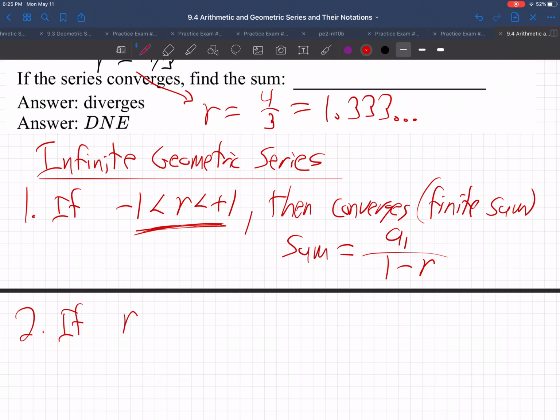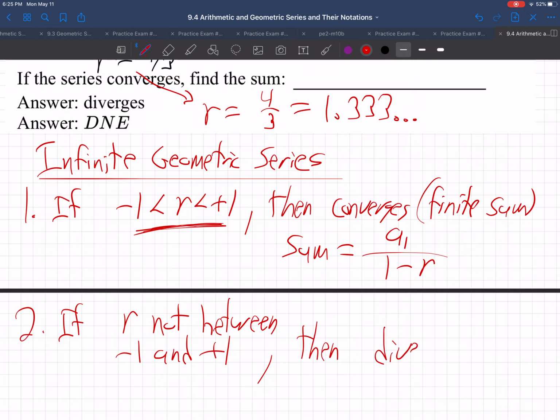If R is not between -1 and +1, then it diverges, which means it doesn't have a finite sum. It adds up, usually going to infinity.